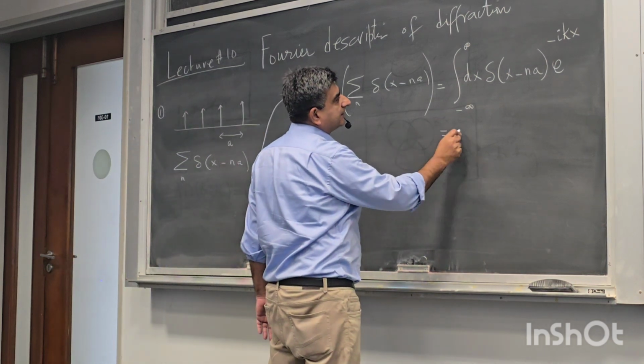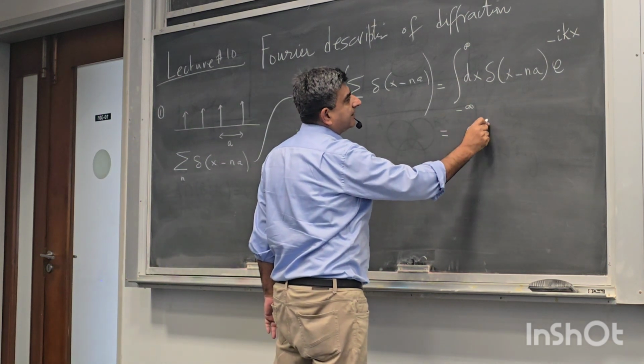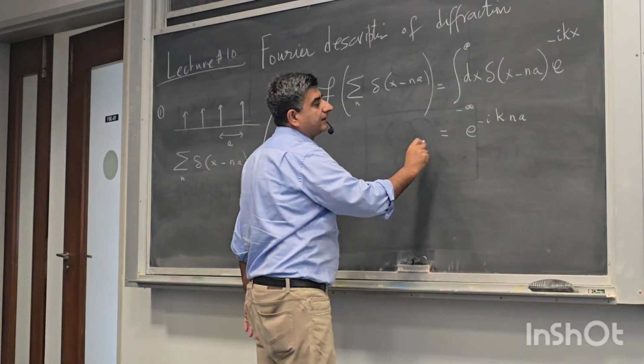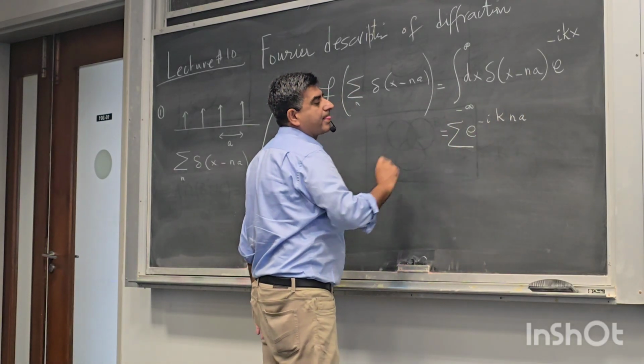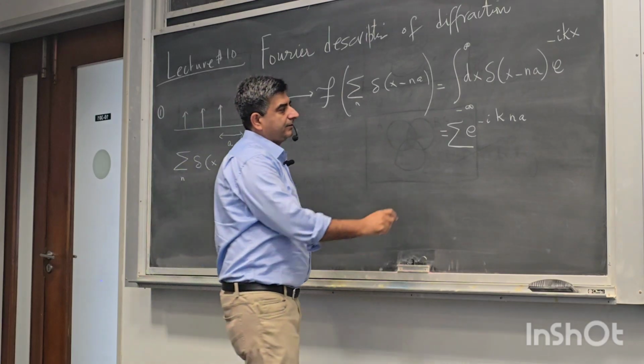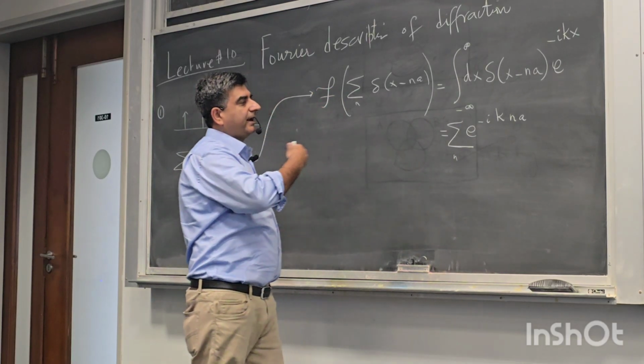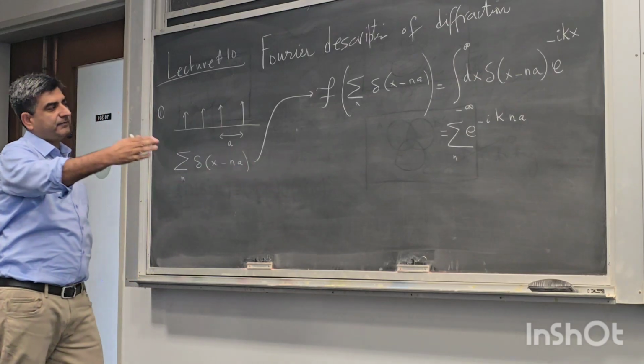This is how we can define the Fourier transform. And it turns out that this is equal to e to the minus i k n a, where n has all positive and negative integers in it.